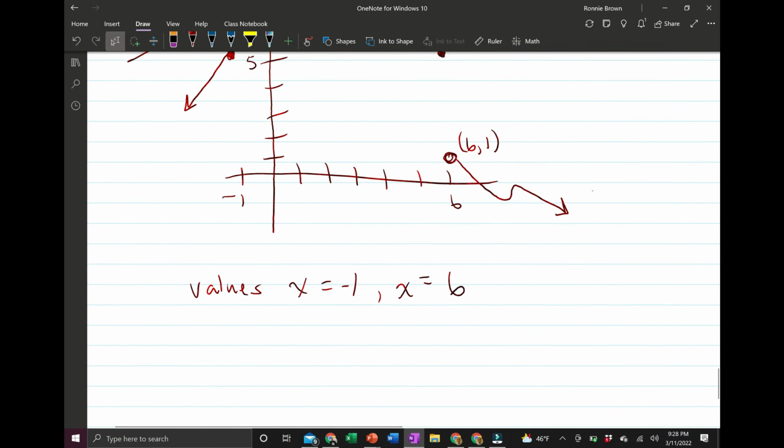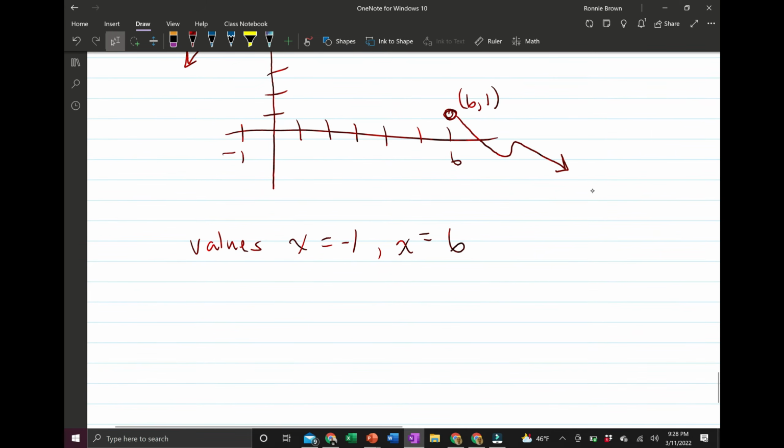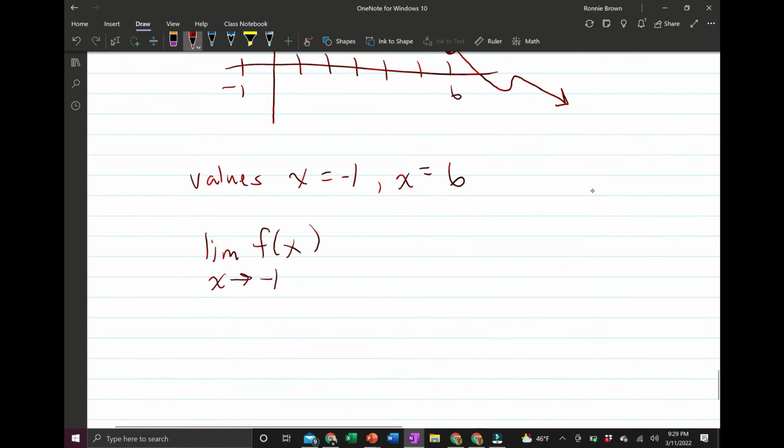As we look at those, the limit of our function as x approaches -1, we can say that the limit of f of x as x approaches -1 from the left is 5.